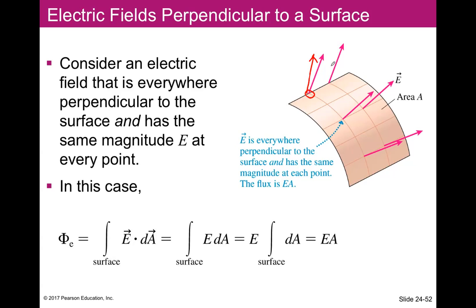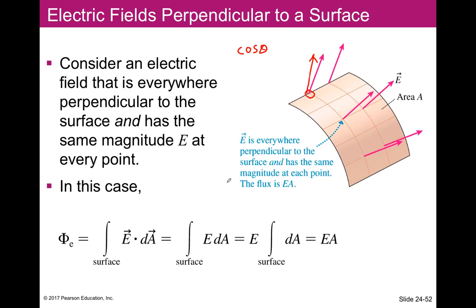That means their angle is 0, right? So cosine theta is simply cosine 0. So what's the value of cosine 0? It's 1.